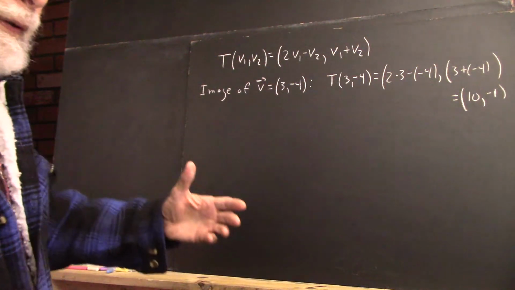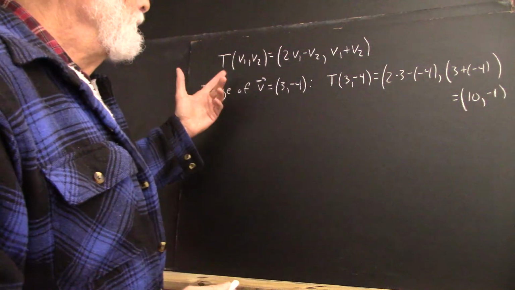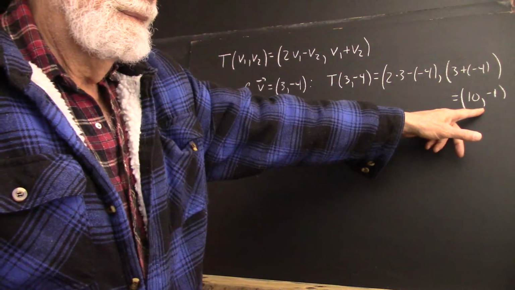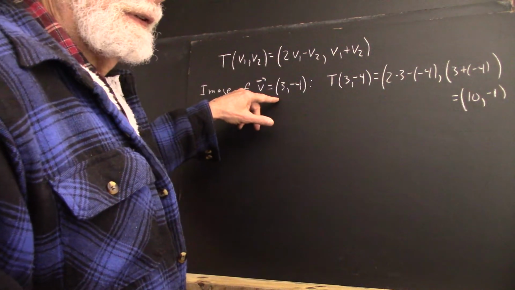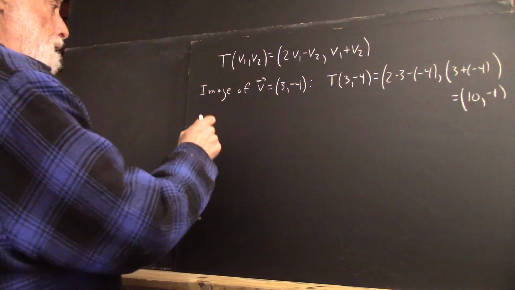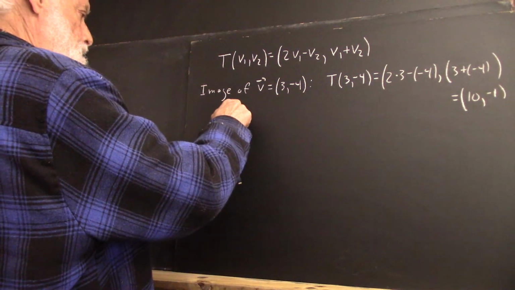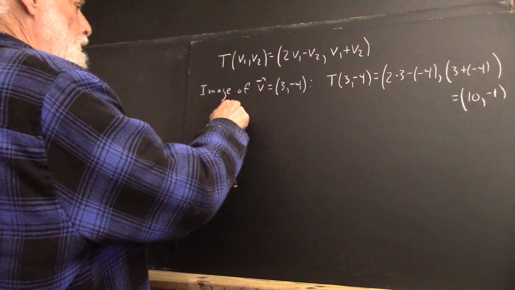Now we can visualize this image of the vector V. V is the vector 3, negative 4.